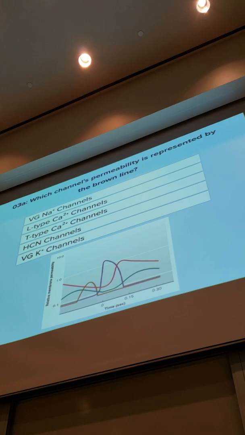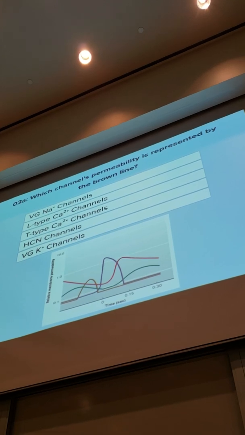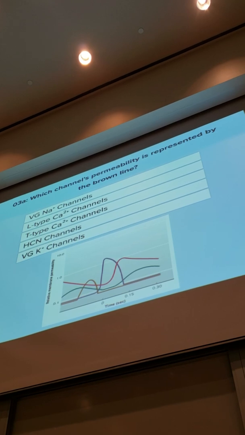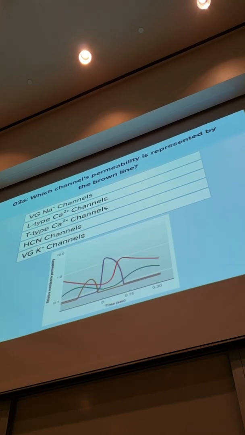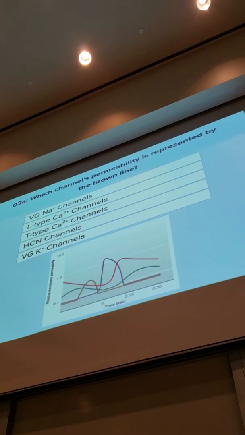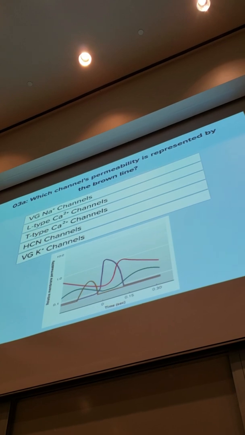In green, yes. Why not red? Because the red change precedes the green. Red rises before green does. So why is that not HCN? Why is the red not HCN?